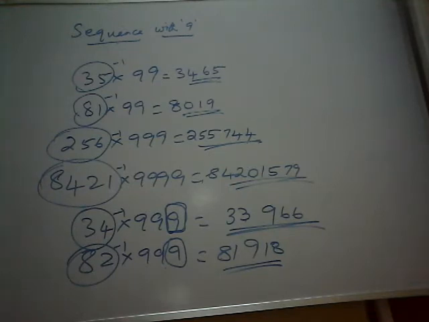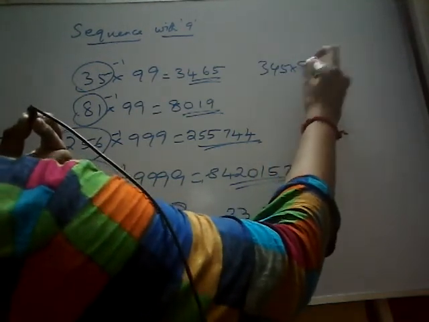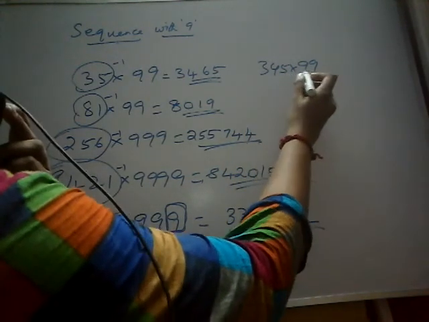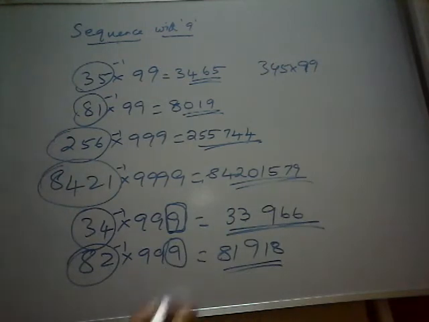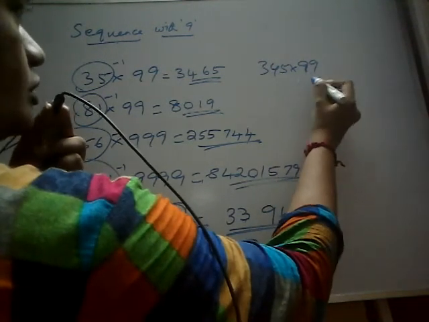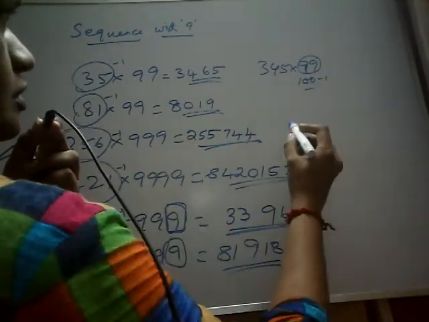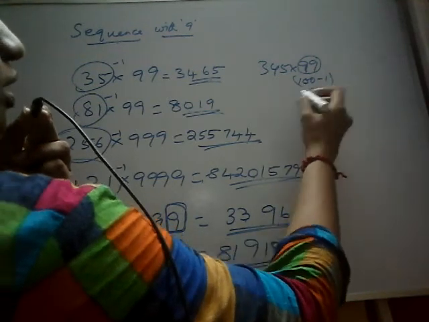Okay, try one more, 3-digit by 2-digit: 345 by 99. For this type of sum, the given number is 3-digit, but the multiplying number is 2-digit. For this, write 99 as 100 minus 1. So you write 345 into 100 and 345 into 1.